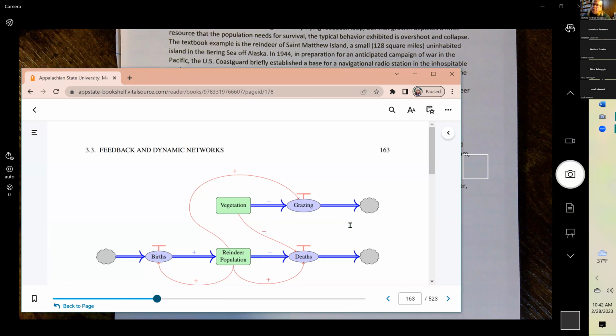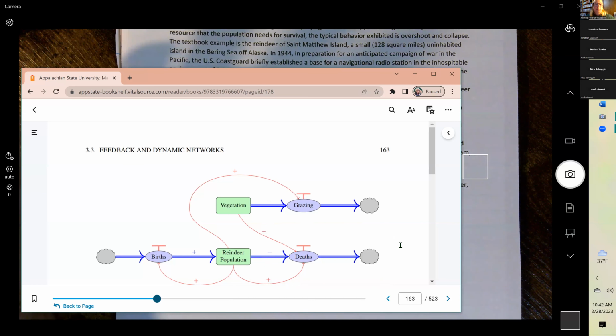And what they could mean by stabilizing in this effect, there were no deer to start with. And at the end, there were no deer. That could be getting it back to the way it was. You could think of that as stabilizing.